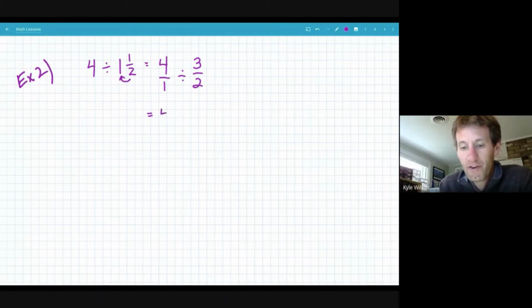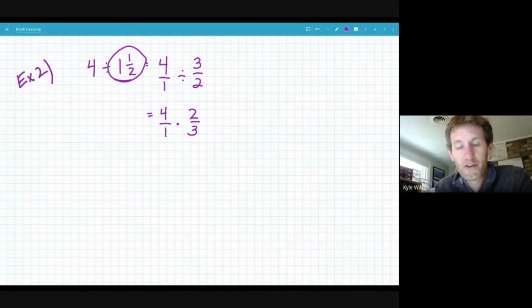So I know that I'll actually be doing 4 over 1 times 2 over 3. Just stop and recognize what I did. I converted 1.5 into an improper fraction, or a fraction greater than 1. That became 3/2. But then I had to multiply by the reciprocal of 3/2, which is 2/3.